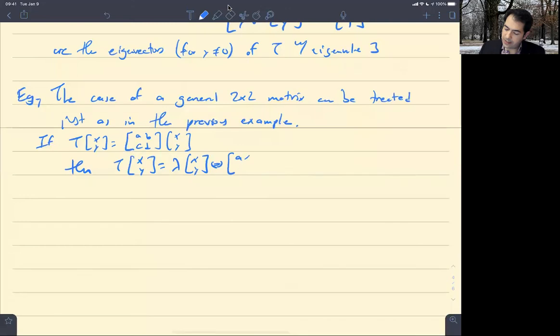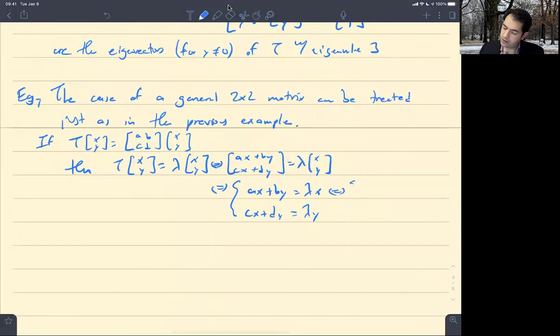This if and only if ax plus by and cx plus dy is equal to lambda times x, y. And if we write out the system, that's ax plus by is equal to lambda x, cx plus dy is equal to lambda y. And if we put all of the lambdas on the left side, that says a minus lambda x plus by is equal to 0, and cx plus d minus lambda y is equal to 0.